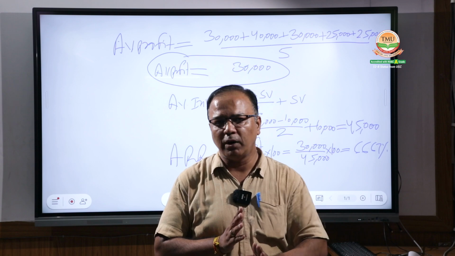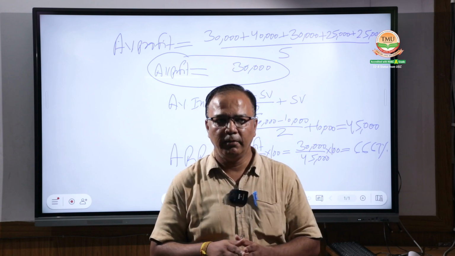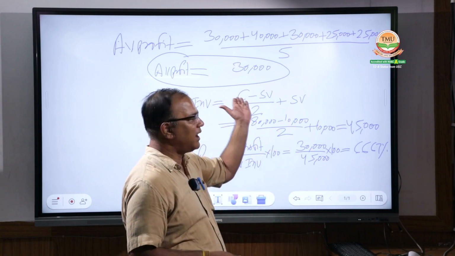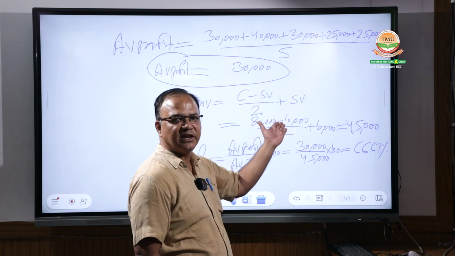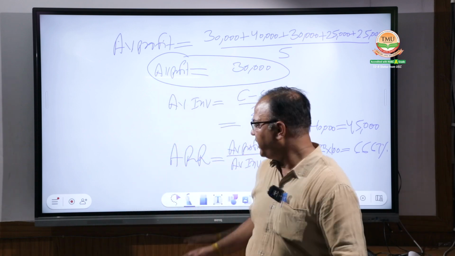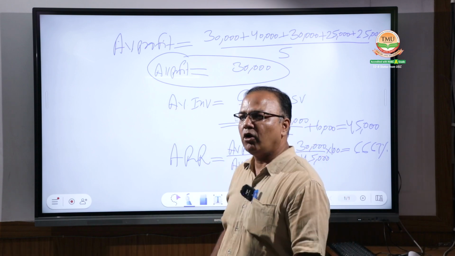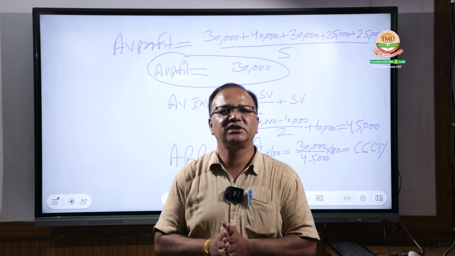But there are 2 formulas and both the formulas are used in practice. So simply I calculated the amount by this way: 80,000 minus 10,000 divided by 2 plus 10,000 is equal to 45,000, and put the value in formula, and finally we got the accounting rate of return of the company is 66.67%.